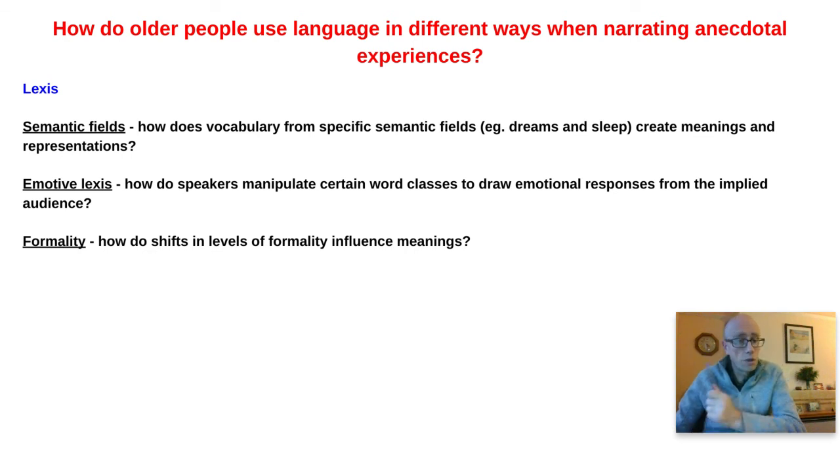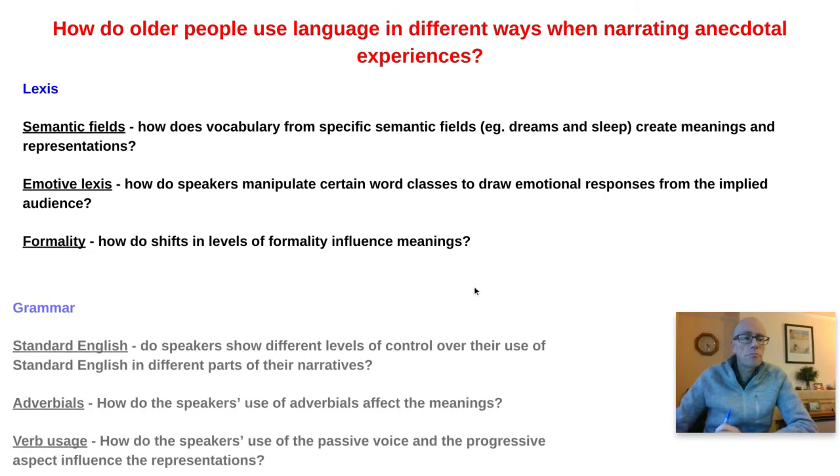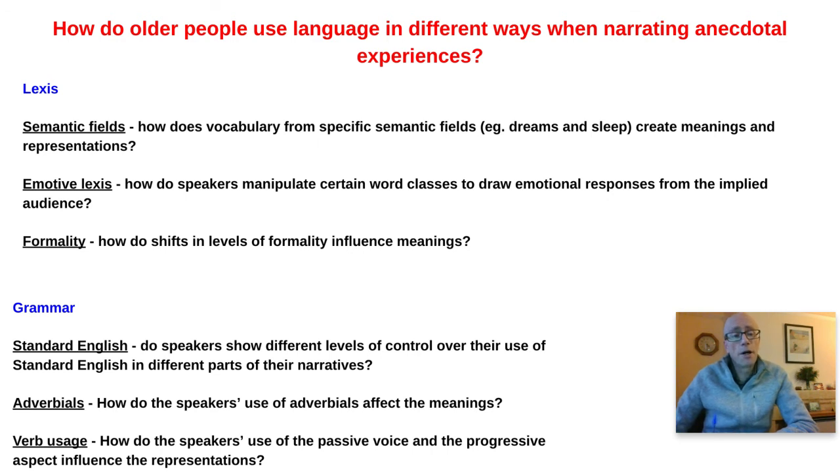So how are certain word classes being used to draw emotional responses? And also she thought formality might be quite useful because you might get quite interesting contrasts or shifts in levels of formality as these stories go on. At which point you then enlist the help of Martin Joos, yet another researcher that you're going to find in the textbook there.